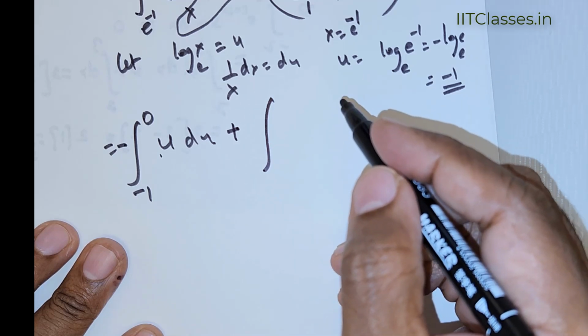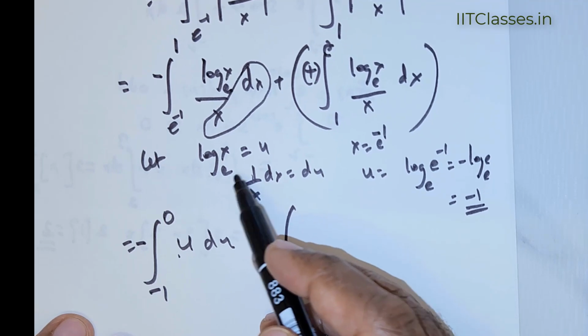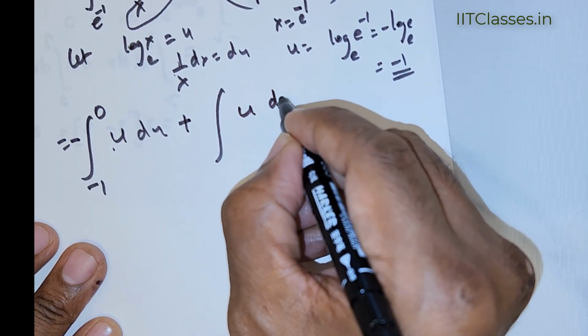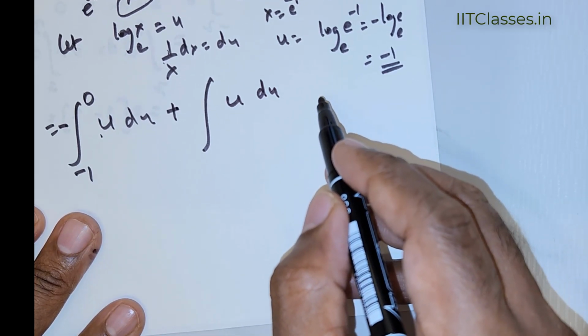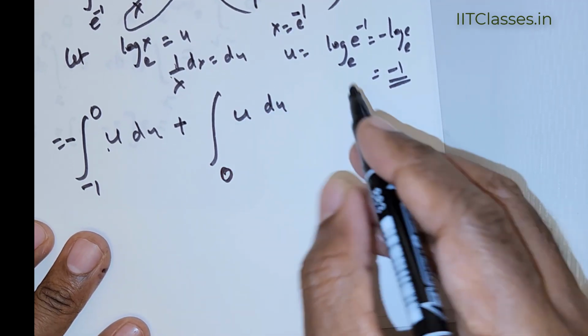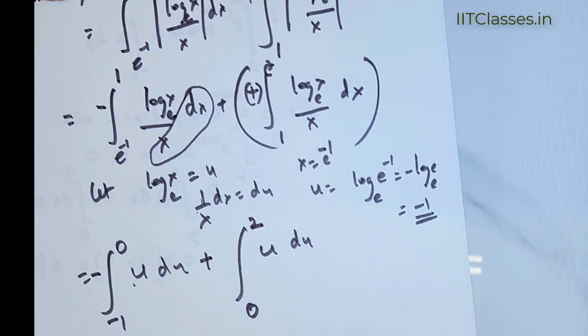Now we would have the same substitution, right? We can use the same substitution. So this is going to be u and du, but the limits will change, right? So when x is equal to 1, you will get 0. When x is e raised to the power of 2, you get 2 there.